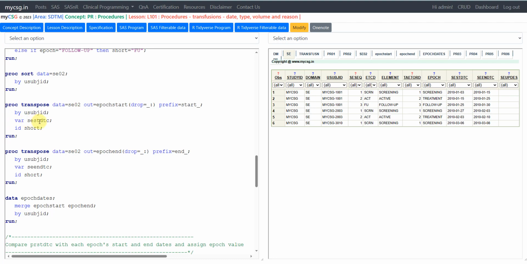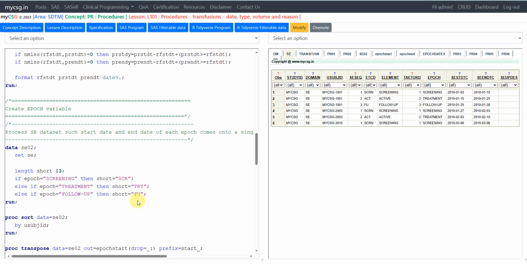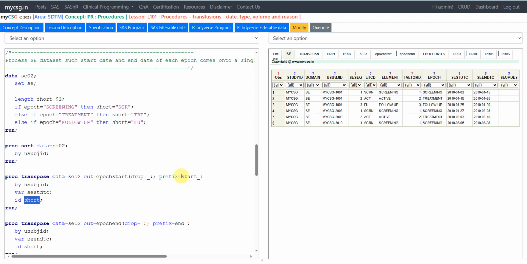So we are transposing SESTDTC, and we are indicating that the newly created variables should have names coming from this short variable: SCR, TRT, and FU. At the same time, we are indicating that the variables have to be prefixed with start underscore. So when this data is transposed, we would get variables like start_SCR, start_TRT, start_FU. So let us see our epoch start dataset here.